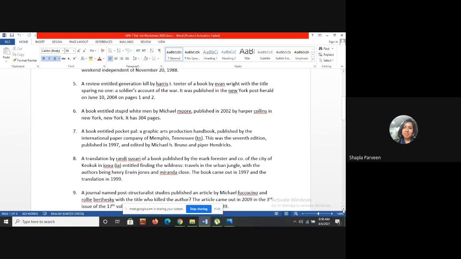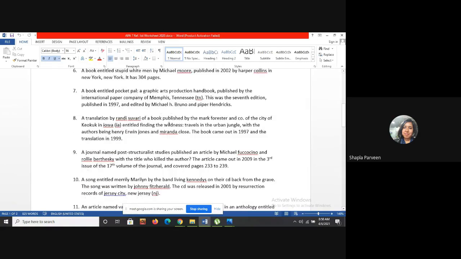Number 7, a book entitled Pocket Pal, Graphic Arts Production Handbook, published by International Paper Company of Memphis, Tennessee. This was the 7th edition, published in 1997, and edited by Michael E. Bruno and Paper Hendricks.